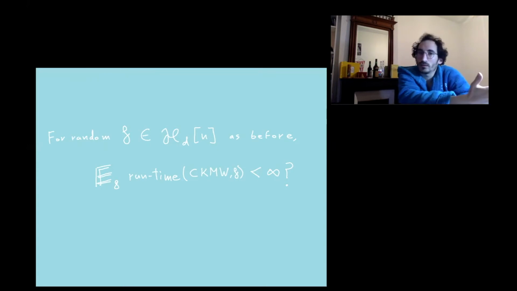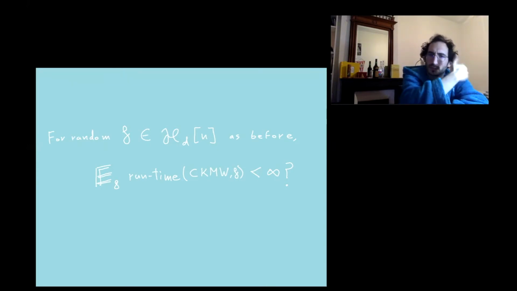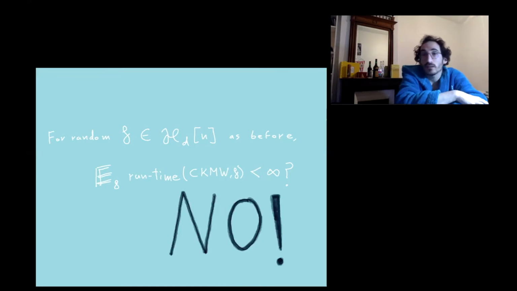So a natural question to ask here: let a random polynomial system be as before, for example a Kostlan one, for fixing ideas. Is the expected runtime of this algorithm finite? Unfortunately, the algorithm proposed by Cucker, Krick, Malajovich and Wschebor does not have finite expected runtime, neither in the average case nor in the smoothed case.